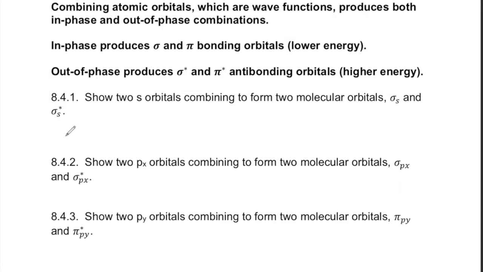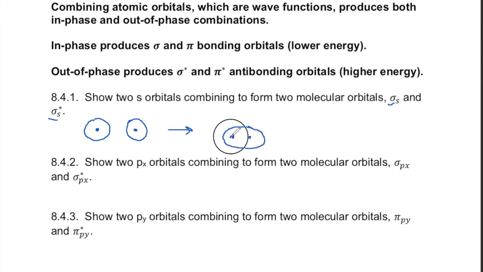So here is a little practice at drawing what these orbitals would look like. What does the bonding sigma orbital and the anti-bonding sigma orbital look like? We're going to start out with two separate s orbitals, and when they combine we can make two orbitals in the set. We're going to have one orbital where we have a lot of overlap.